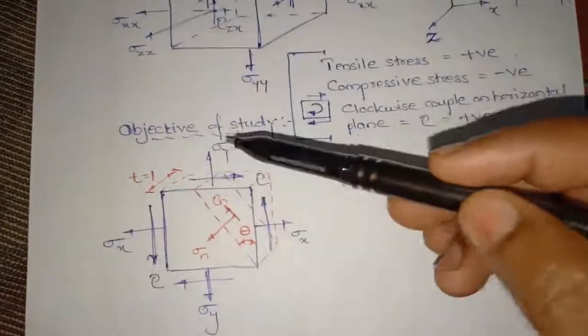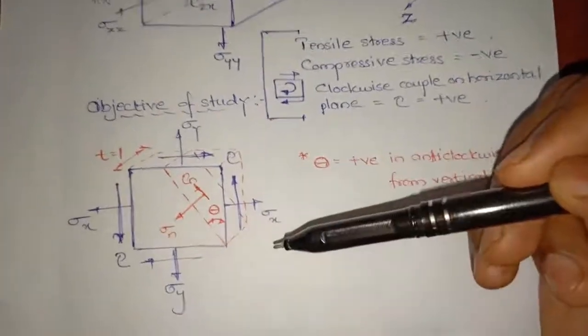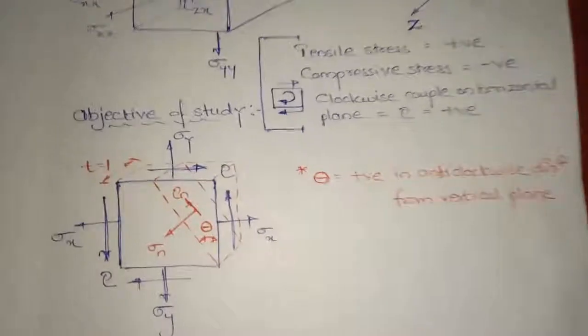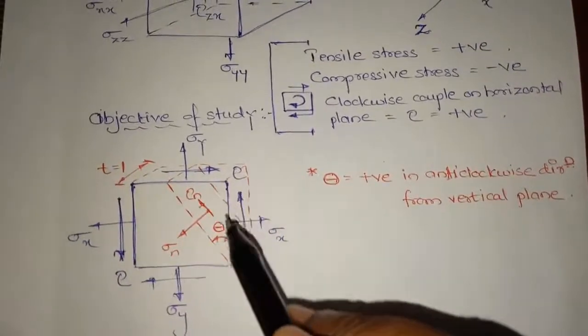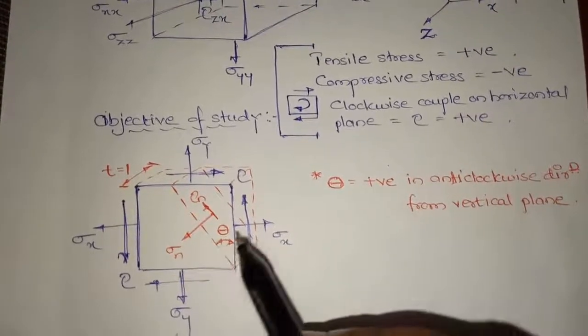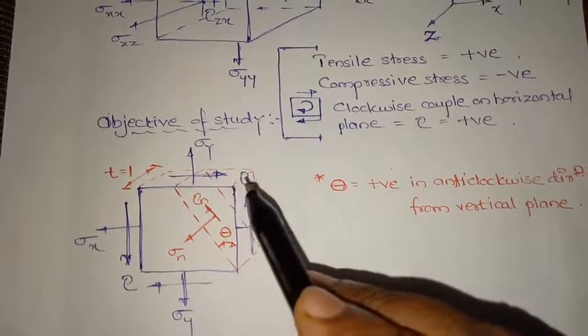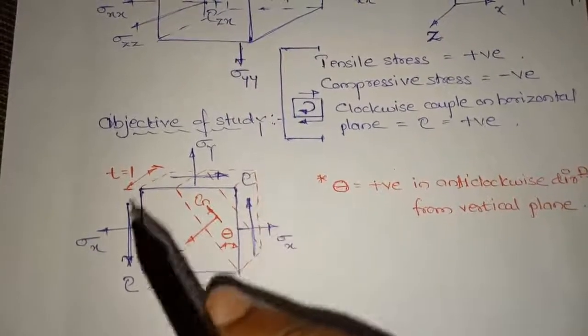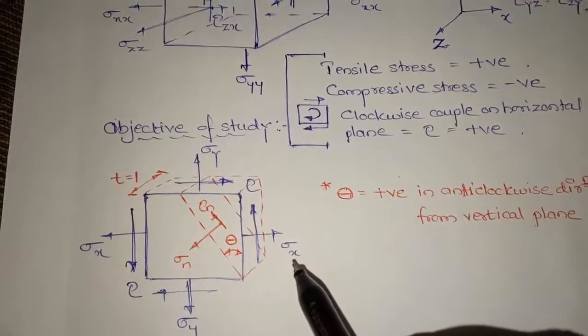Next is, what is the objective of the study? What are we going to study in this chapter? Here I have taken a 2-dimensional figure of the element, and it is subjected to biaxial stress and shear stress. A generalized system I have taken. So here sigma x, because it is in x direction.